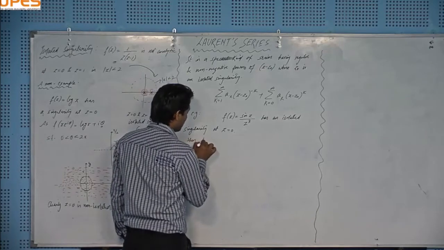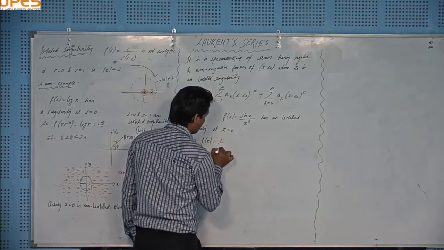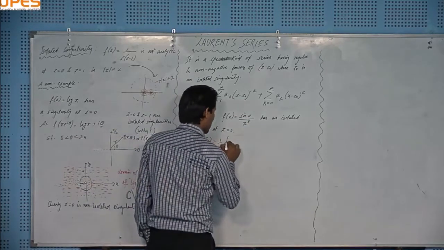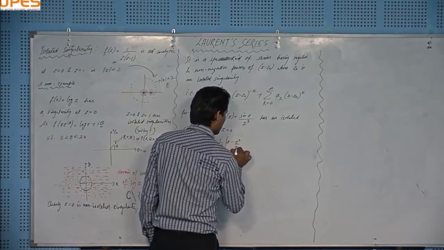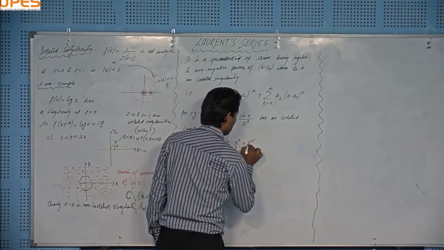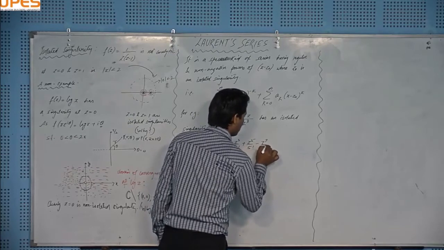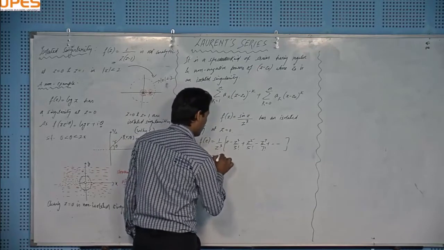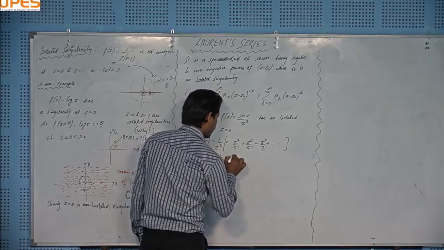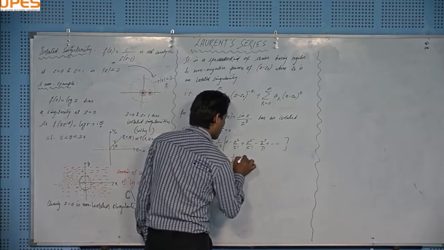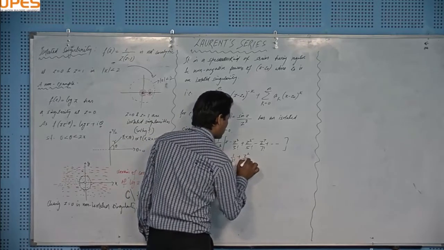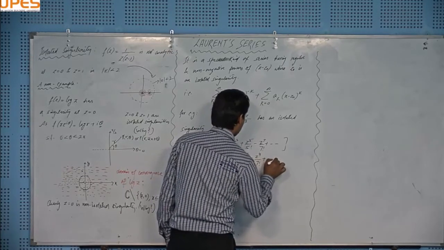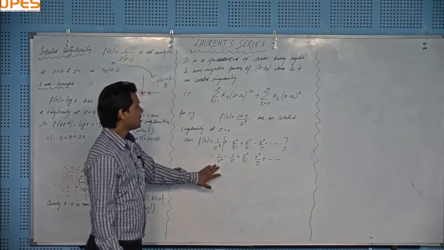Then f(z) equals 1 over z cube times the usual expansion of sin z, that is z minus z cube over 3 factorial plus z to the power 5 over 5 factorial minus z to the power 7 over 7 factorial and so on, right? Now taking this 1 by z cube inside, we will get 1 over z square minus 1 over 3 factorial plus z square over 5 factorial and so on, minus z to the power 4 over 7 factorial, and so on, right?